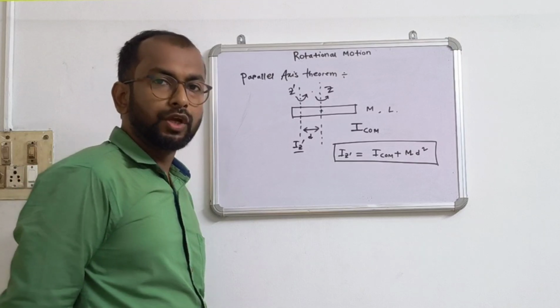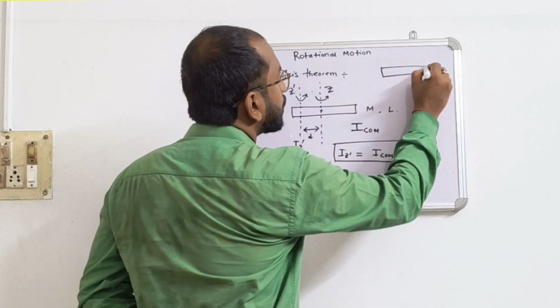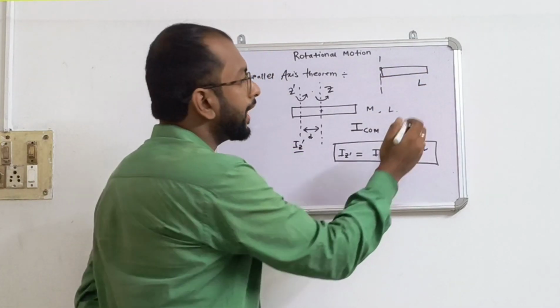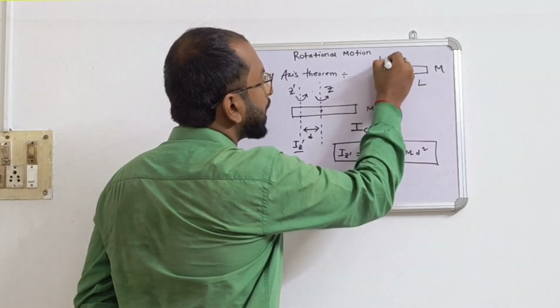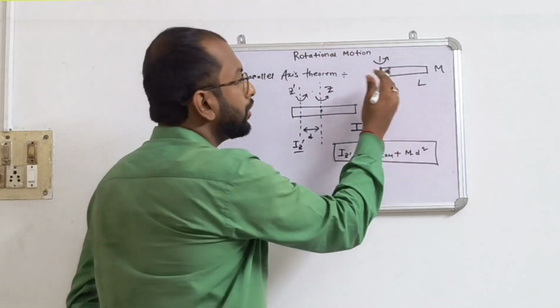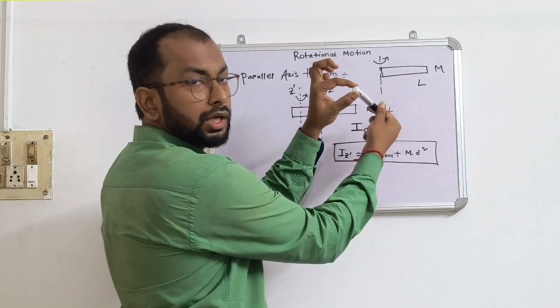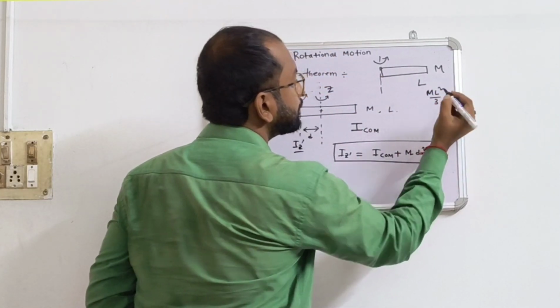Now in the last video we found the moment of inertia of a rod with respect to one extreme end. The rod length is L, mass is m. We found that about this extreme end, with the axis passing like this, the moment of inertia is m L square by 3.